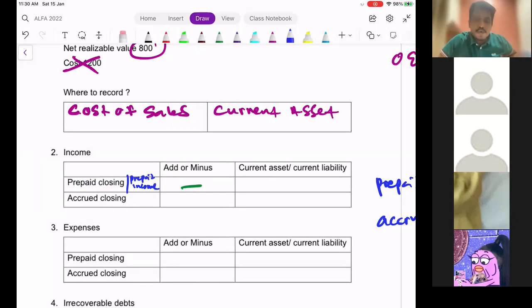If you over received, do you owe that guy or does that guy owe you? Very good. You over receive from that guy, and then you owe the guy.